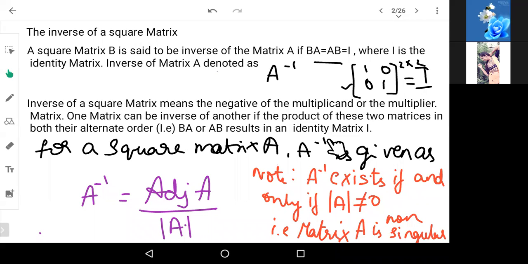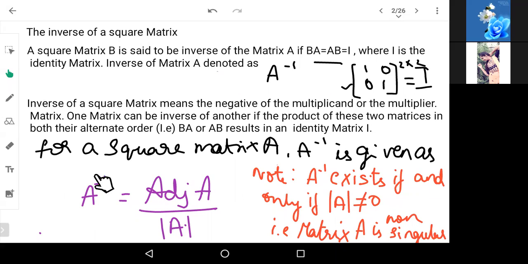Now for us, instead of multiplying B into A and A into B and then equating it to the identity matrix, we have another formula which we will be using to find the inverse of a matrix.